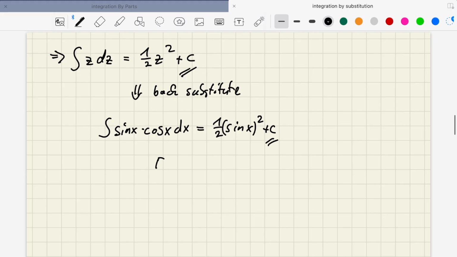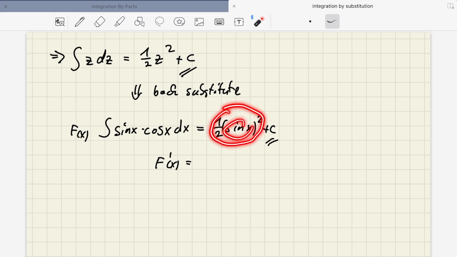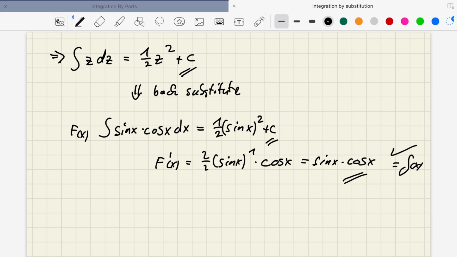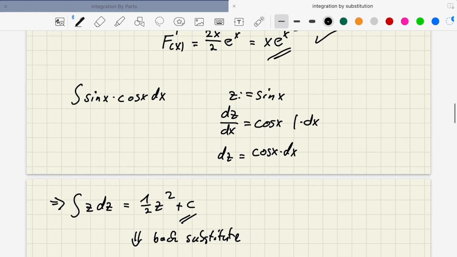So we do the test, we just differentiate, and you'll see you got the outer derivative multiplied by the inner derivative, which is 2.5 sine x to the power of 1 multiplied by cosine x, which is sine x multiplied by cosine x, which is what we started with.